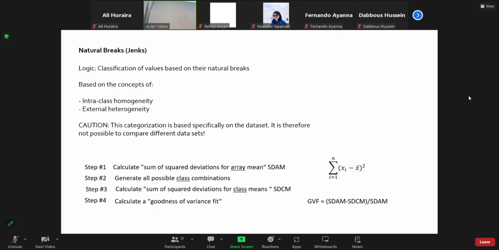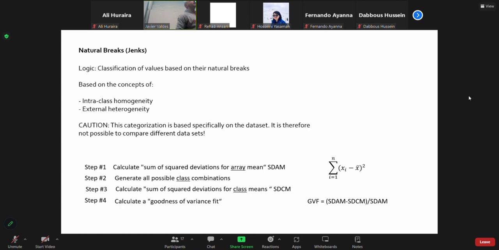So if I am asking you, how old are you? And then someone tells me, I'm 45 years old, I'm going to say, okay, I didn't expect that. I expected you to be 19, 20 years old. So I have a deviation from my expected value, which will be maybe the mean based on a survey that I am doing over all of you. So what I have is the sum of all these errors.